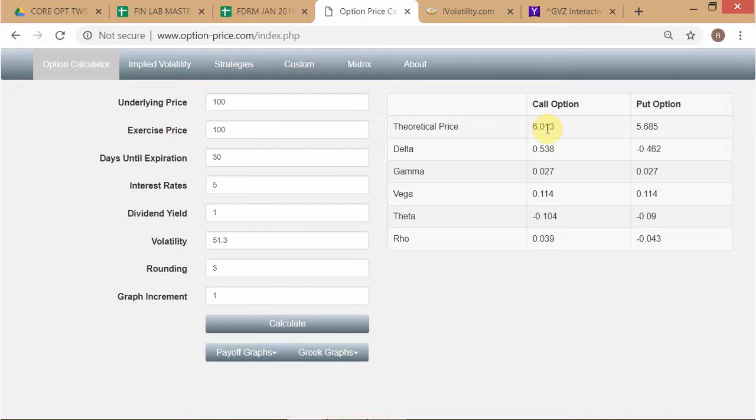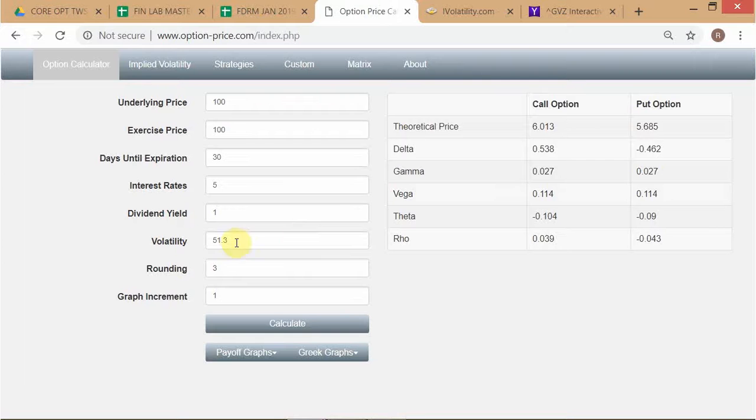So on the one hand I see that the market price is 6, and I keep entering numerous figures into this vol input field, 45, 48, 50, and I keep getting fair value outputs from the OVM, but those fair value outputs are not equal to the market price of 6.